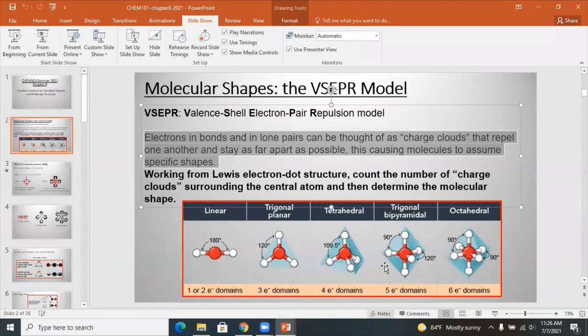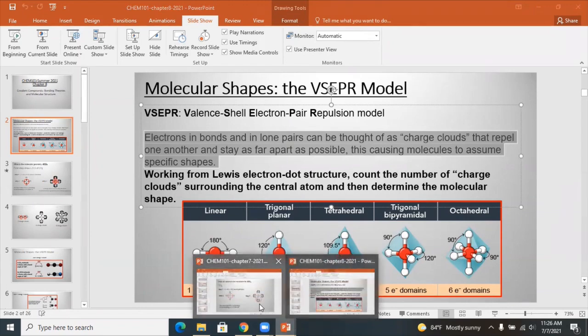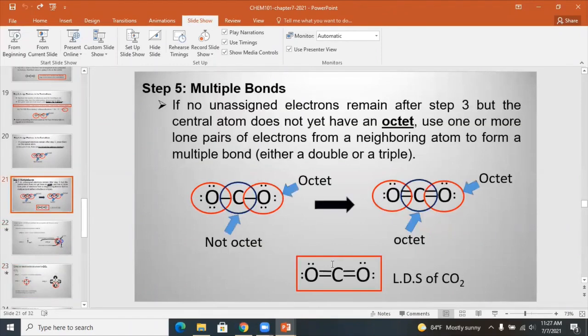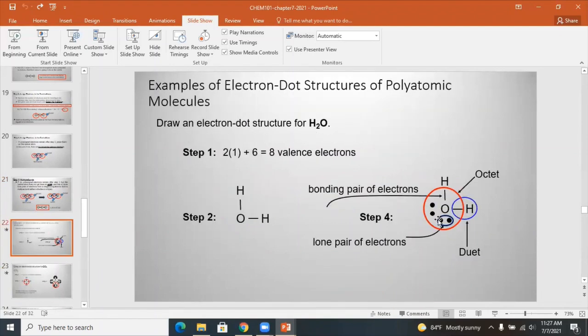If you have four charge clouds, what would be the cloud geometry of carbon tetrachloride? You will look here. Here is the cloud geometry of four: tetrahedral. So carbon tetrachloride will have a tetrahedral cloud geometry. And the same thing, carbon dioxide will be linear. This will be tetrahedral. Why is this a tetrahedral cloud geometry? I'm talking about cloud geometry, not molecular geometry. This will be four charge clouds.